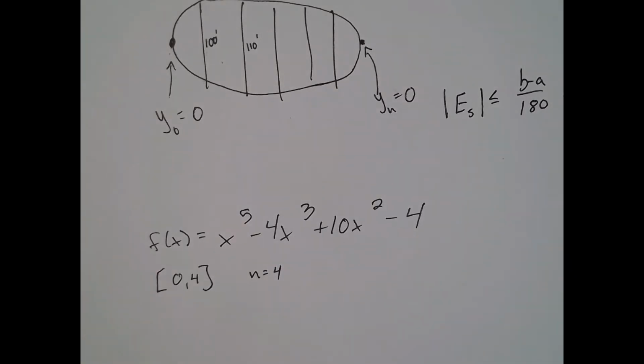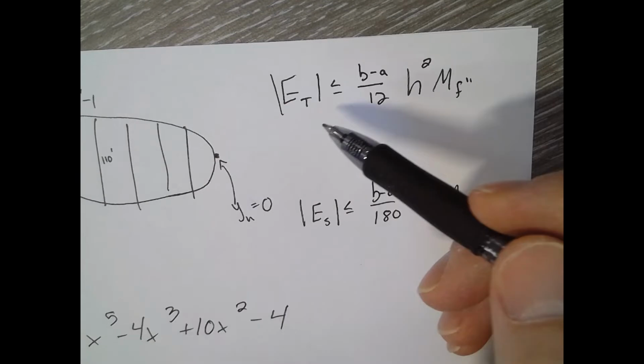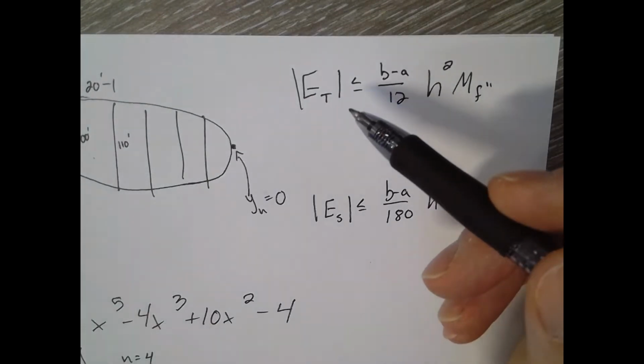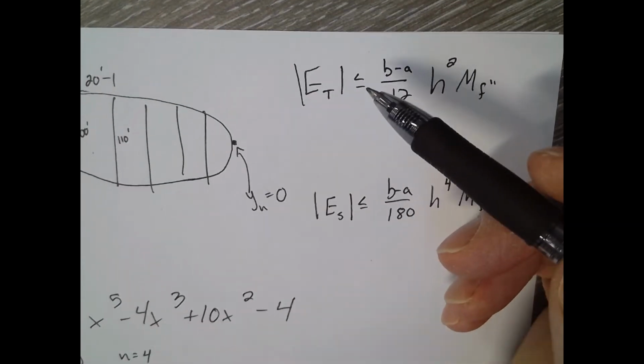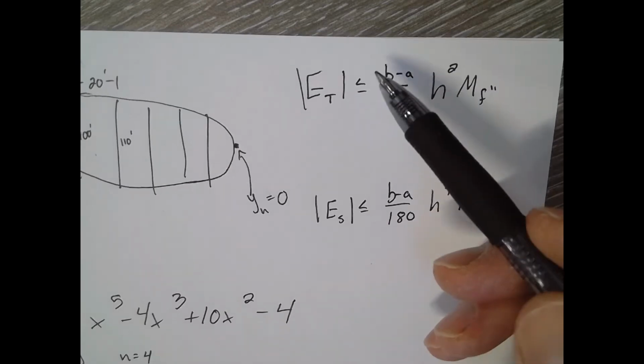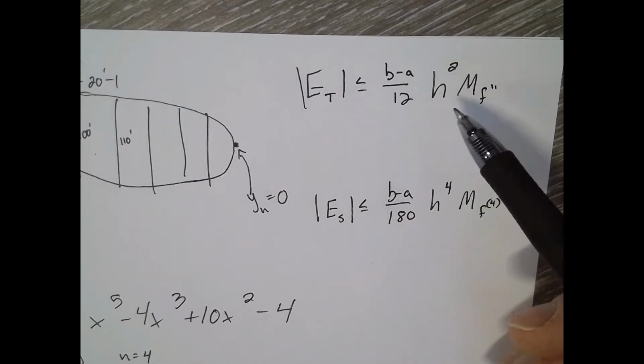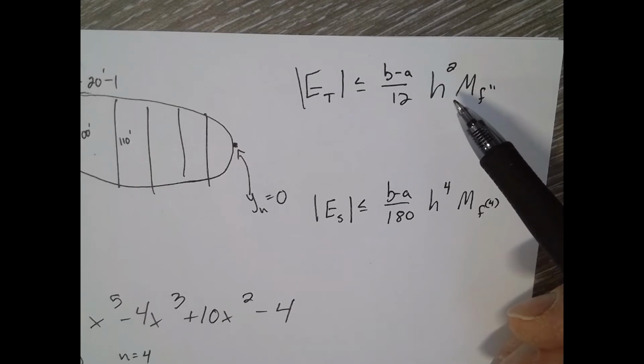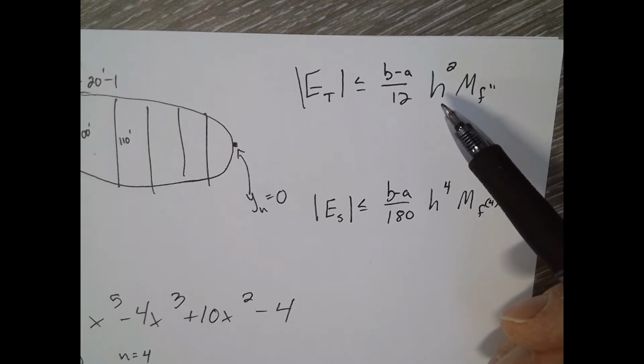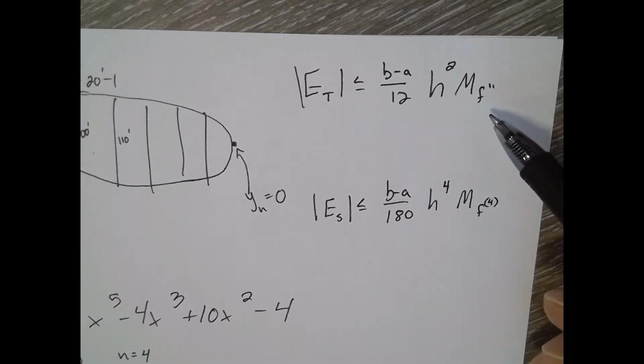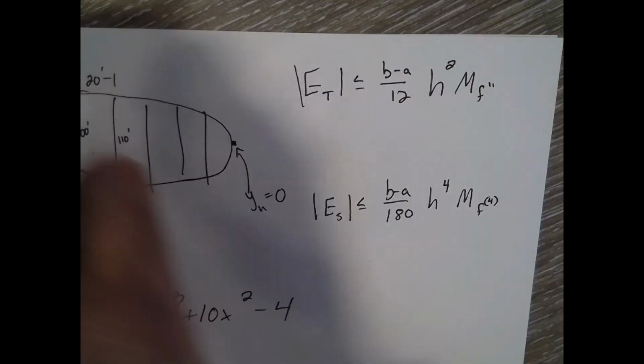All right, page 294 has the error of each of them. So E sub t stands for the error created with the trapezoidal rule, and it is always going to be less than or equal to (b minus a) over 12 times h squared times the maximum of the second derivative of the function.